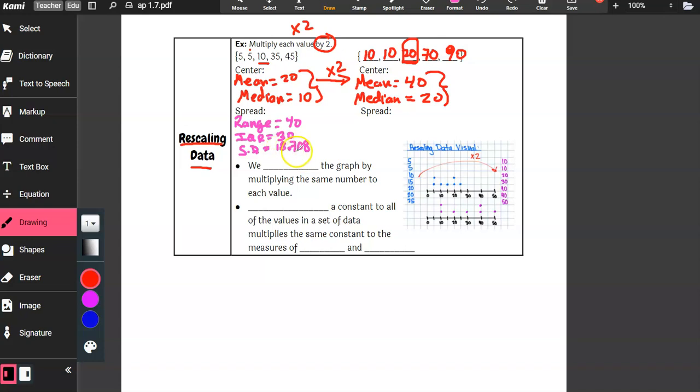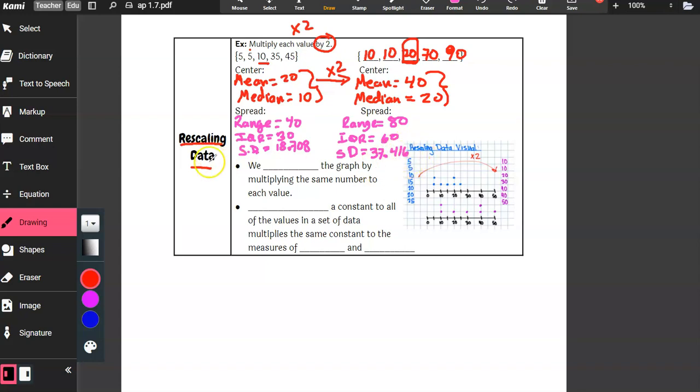You could get this value by the calculator. And the new spread, by multiplying everything by 2, the new range is 80. 90 minus 10 is 80. IQR is 60. And the standard deviation is 37.416.